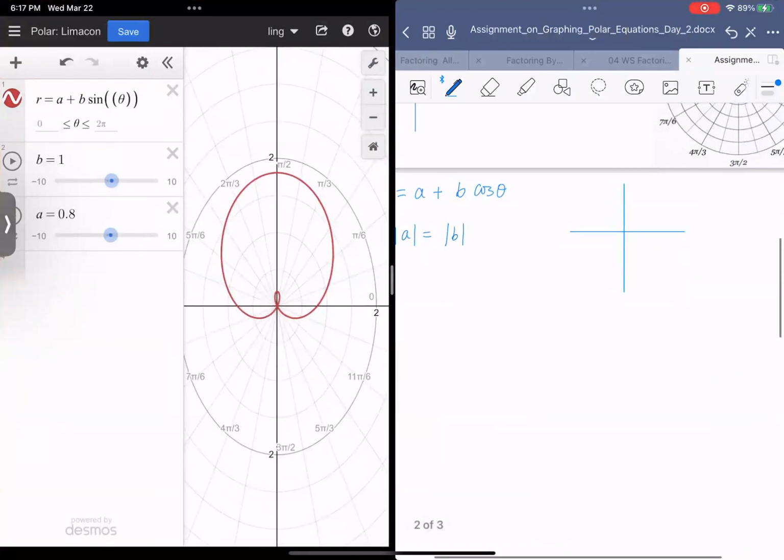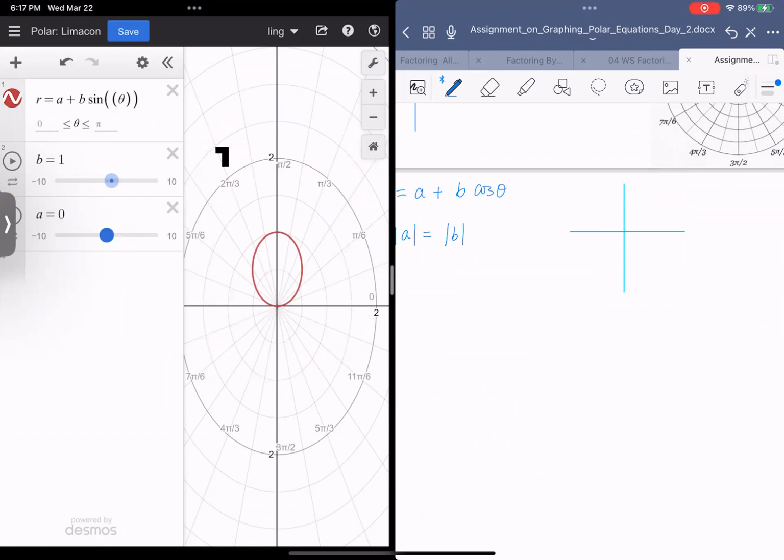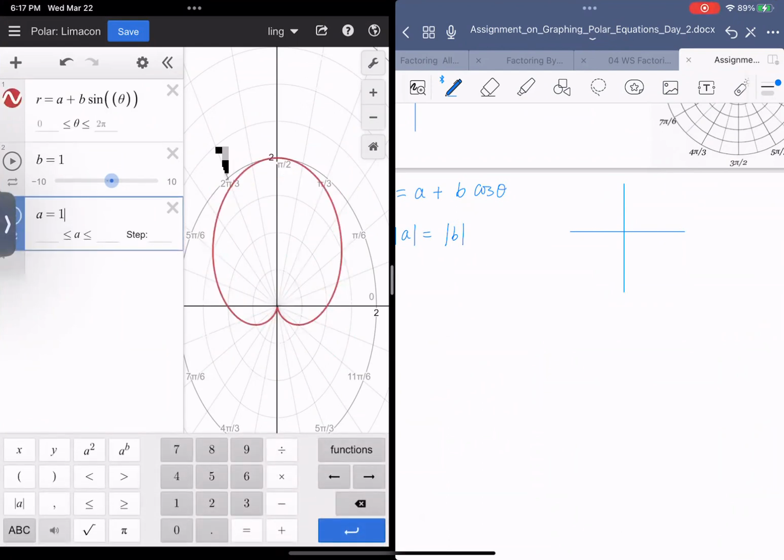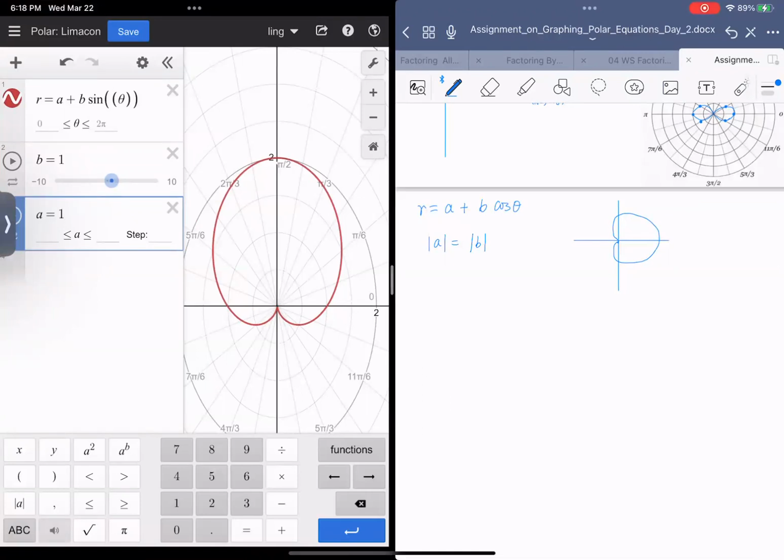If A and B are equal, it's going to be that shape without a loop. Let me change the A to B. If this is R equals A minus B times cosine theta, then this is going to flip to the left.